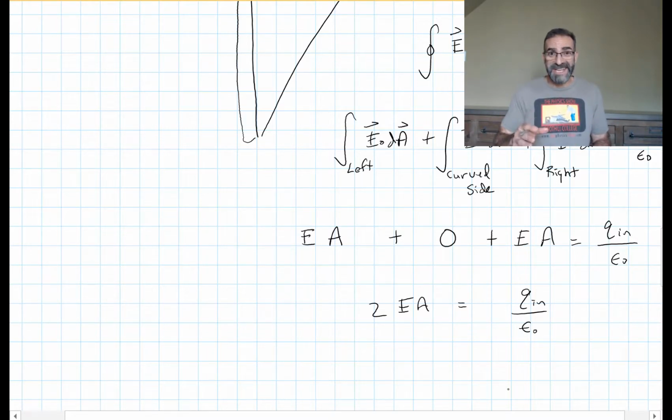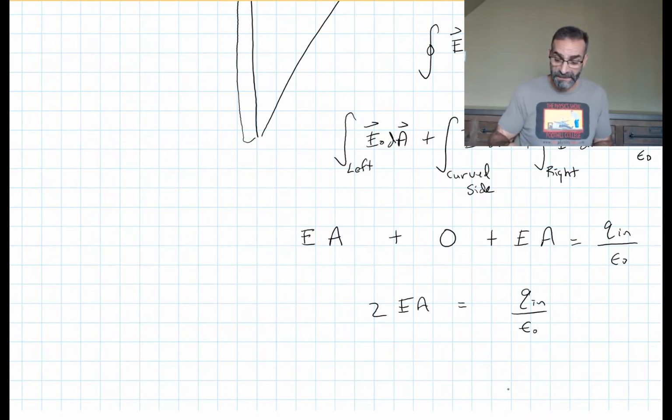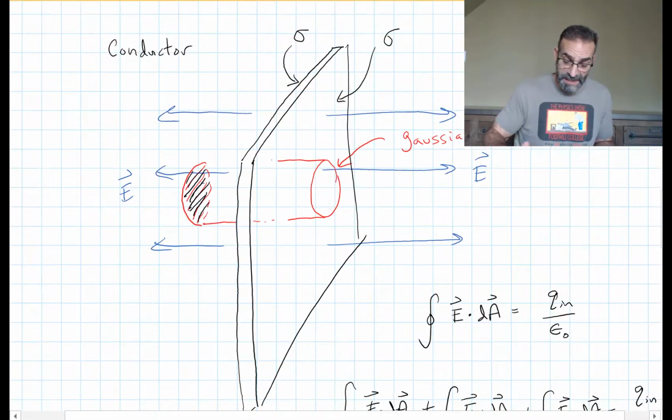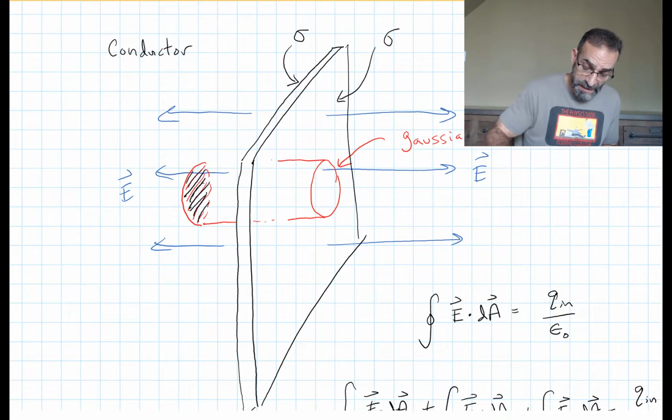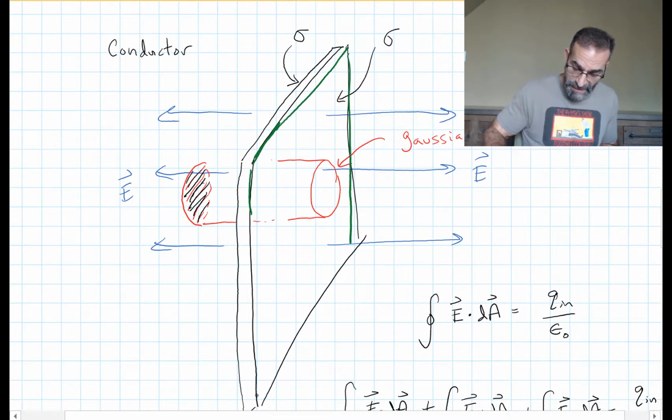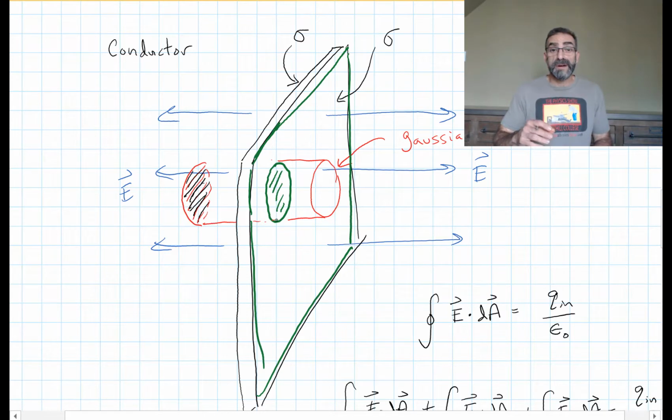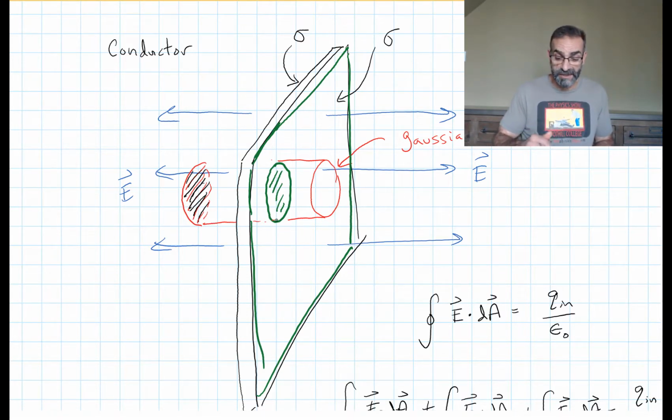But here is where it changes. We want to find Q in. Q in is on this face, the right side, where the right face is intersected by our Gaussian cylinder.